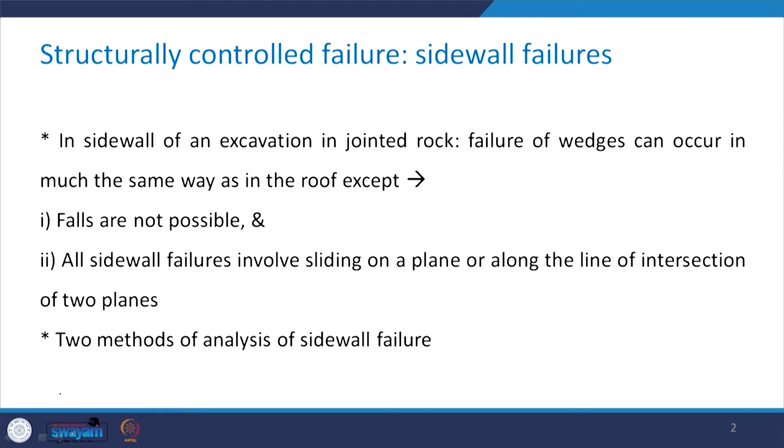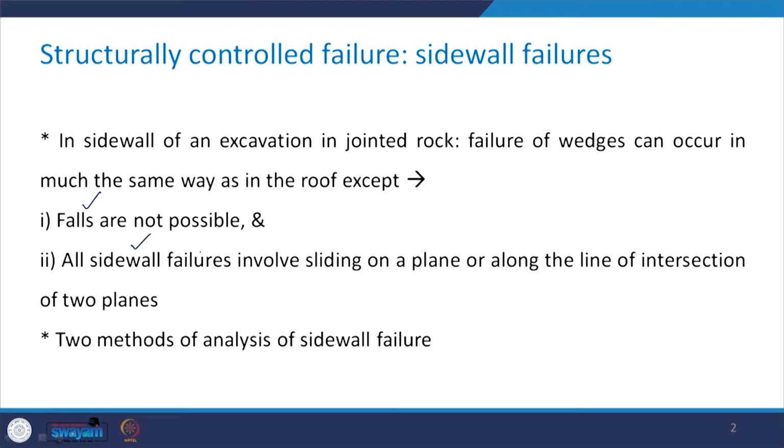in the next class. In the side wall of an excavation in the jointed rock, the failure of wedges can occur in much the same way as it was in the case of roof, except that in these cases falls are not possible.